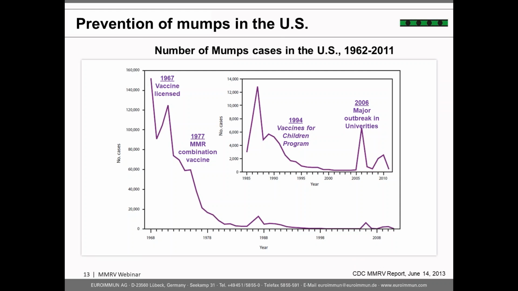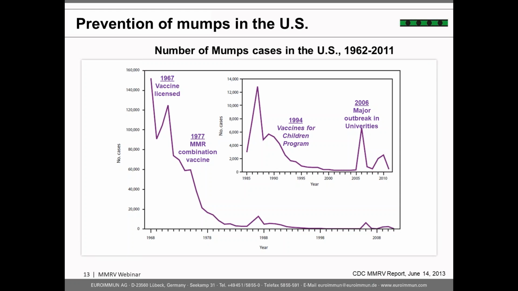Similar to what we saw for the measles, there is a very fortunate trend that we see in the United States also for mumps. In the 60s, we were dealing with around 150,000 cases per year, which then dramatically dropped after the vaccine was introduced to the market, and in 1977 an MMR combination vaccine was released, which improved things even more.